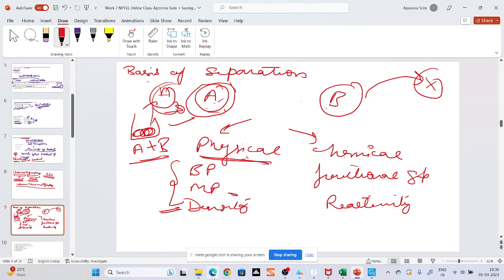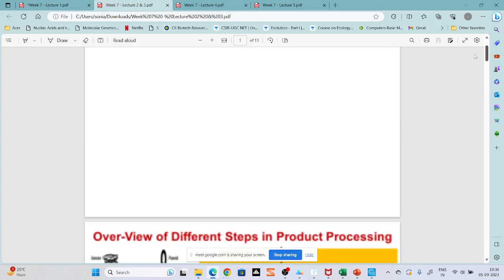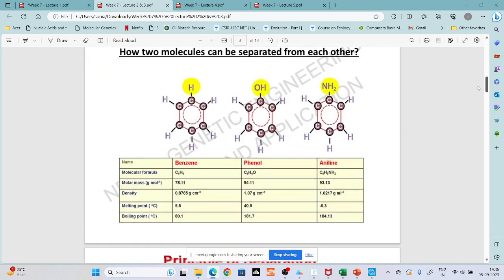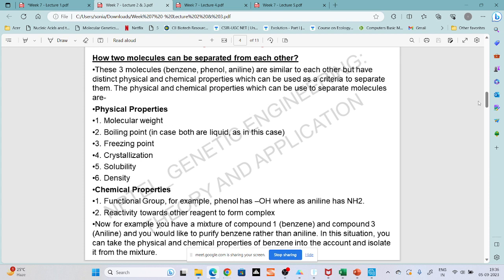So, as you can see here, the principle of separation is the different properties. You can have physical properties, that means molecular weight. If I want to separate A and B, and A has a higher molecular weight than B, then I can use that property. Others are boiling point, freezing point, crystallization, solubility, density.